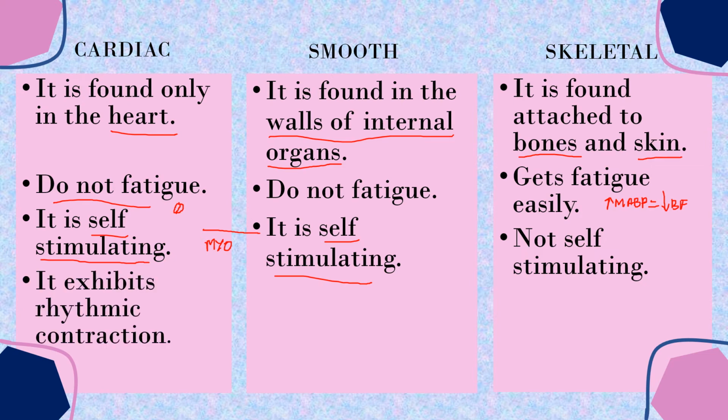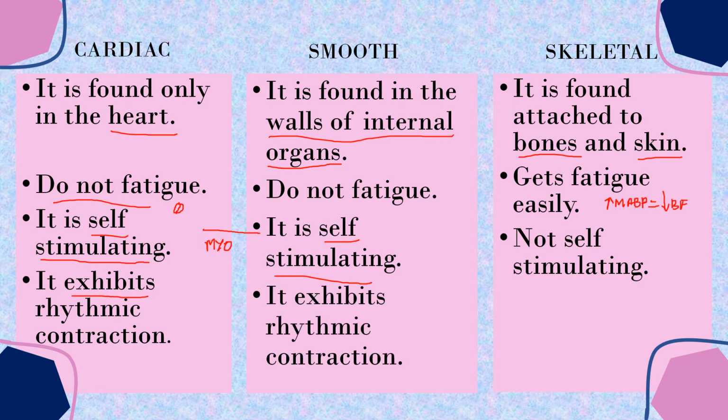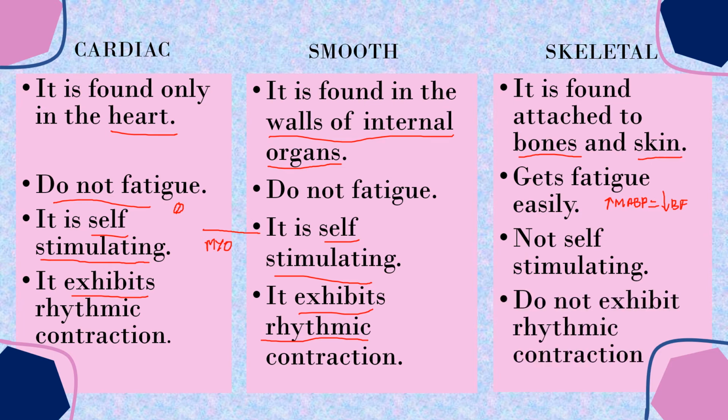And so how it works: cardiac muscle exhibits a rhythmic contraction, and smooth muscle too exhibits rhythmic contraction because, as I mentioned a while ago, it is self-excitable. And skeletal muscle is not self-stimulating and thus does not exhibit any rhythmic contraction.